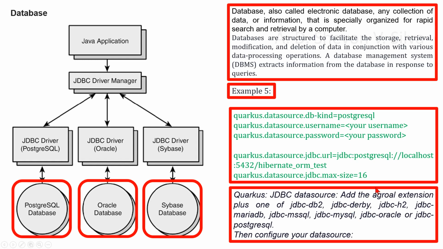Here the database kind defines which type of database you will connect to, here PostgreSQL. Here the database credentials, here configuring your JDBC connection, the JDBC URL, and here the connection pool size.